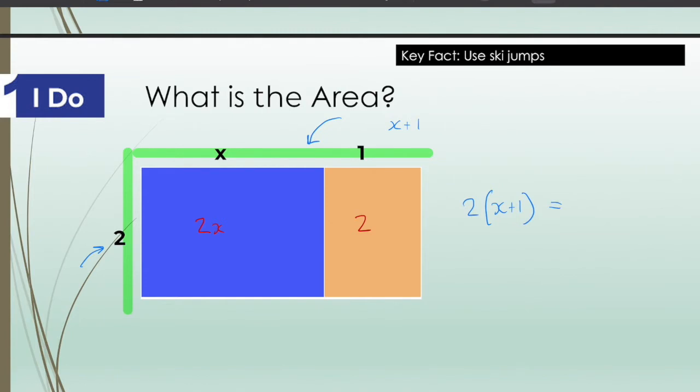But because we know the area already of the individual rectangles, this one is 2x and this one is 2, we also know that the area is equal to 2x plus 2. So somehow these two expressions are equal to each other.